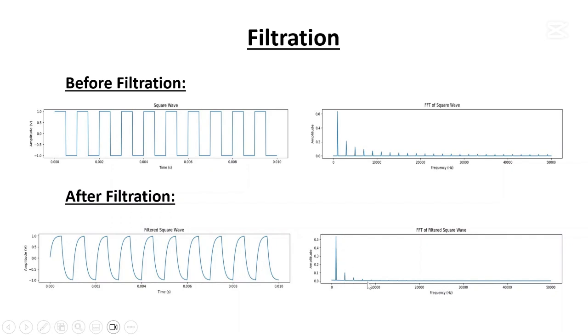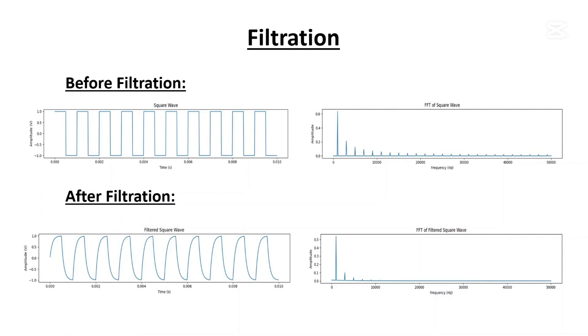You can see that here we have a great number of harmonics, but here the number of harmonics is decreased. And in the time domain, it will look like this one. All right, okay, so this was the theoretical concept of Fourier transform and signal filtration.